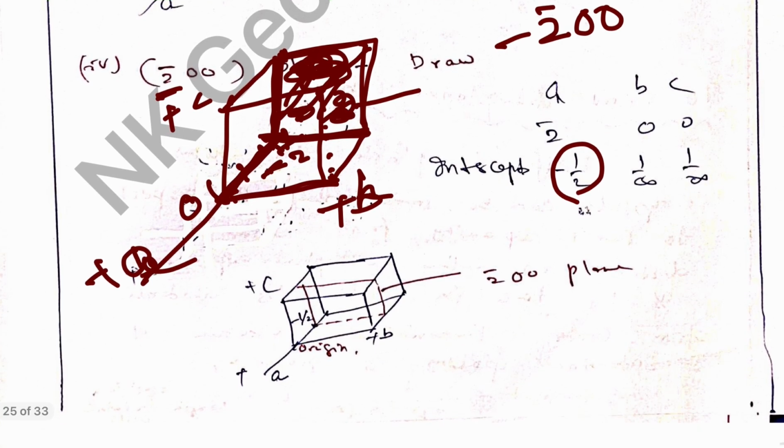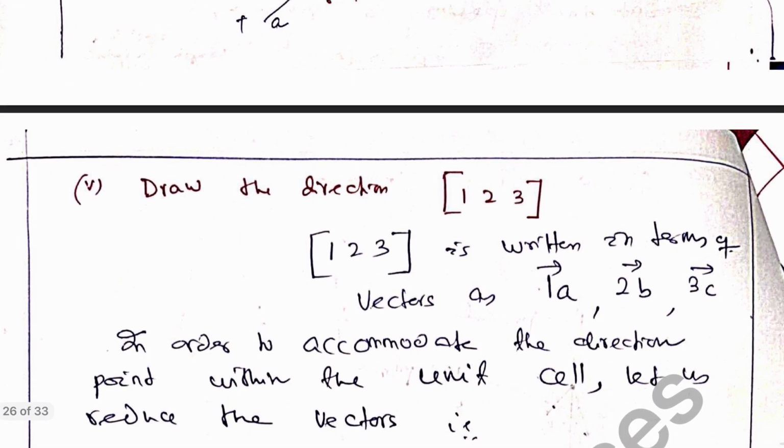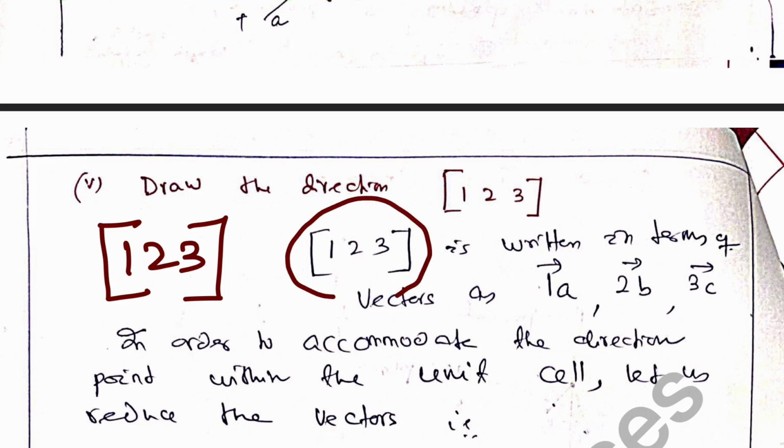So this is origin, -1/2, then this is the phase. -2 not. Draw the direction 1, 2, 3. If we represent the phase symbol in square brackets, it will indicate the direction.